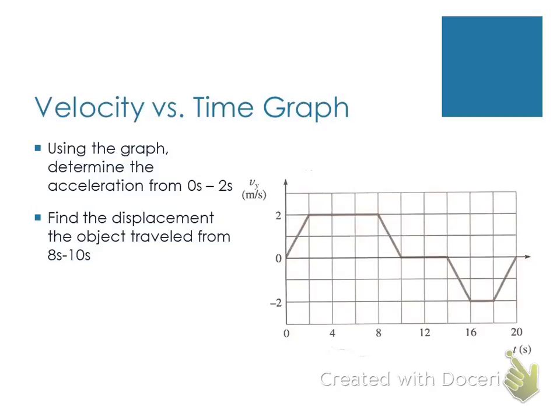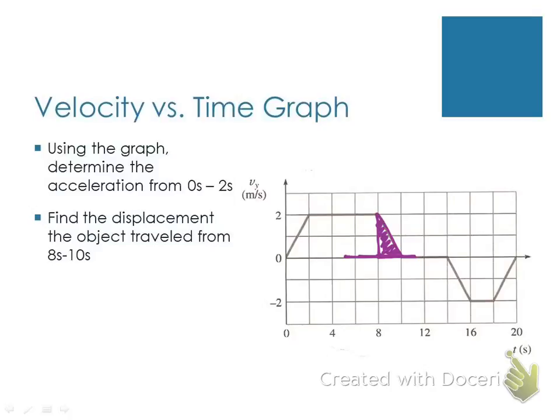Find the displacement from 8 to 10 seconds. Okay, still should be 2, right? It's the same size triangle. Are we still moving forward in this case from 8 to 10 seconds?